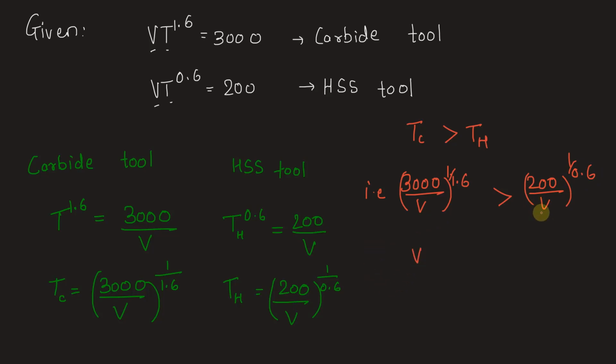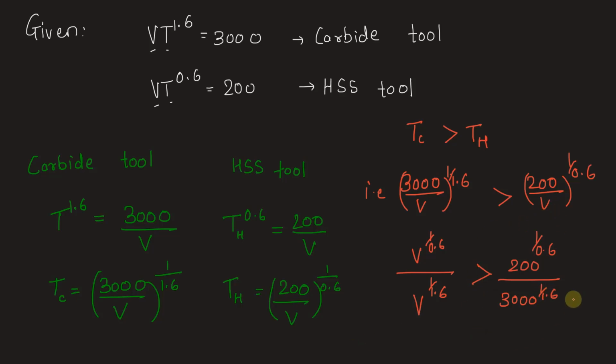So we'll have V^(1 by 0.6) divided by V^(1 by 1.6), because on the left hand side we already had V in the denominator, we brought this V^(1 by 0.6) to the left. This should be greater than, when we rearrange this, 200^(1 by 0.6) upon 3000^(1 by 1.6).